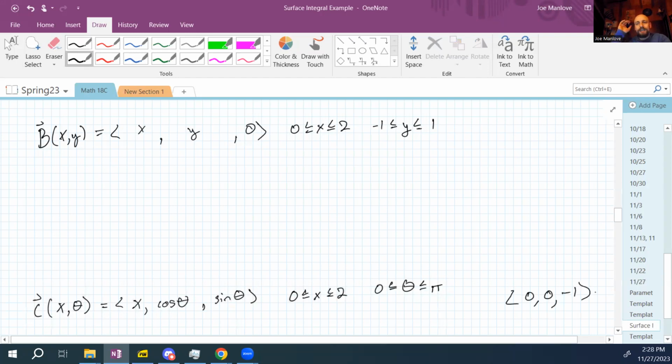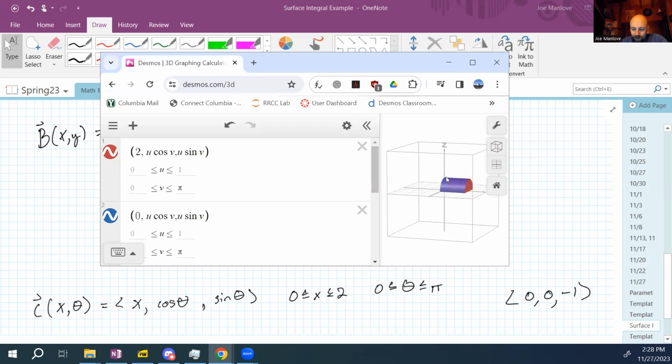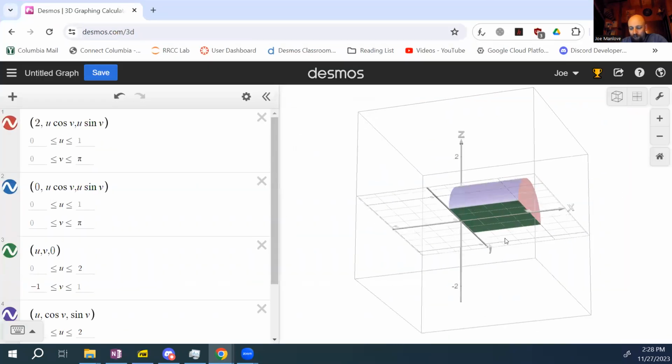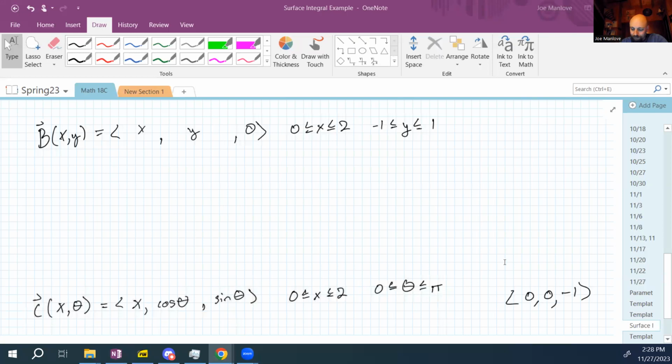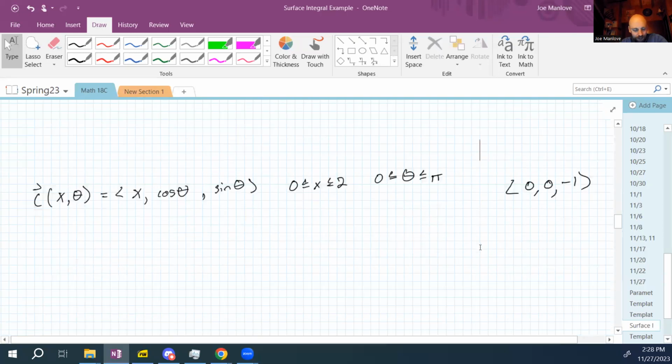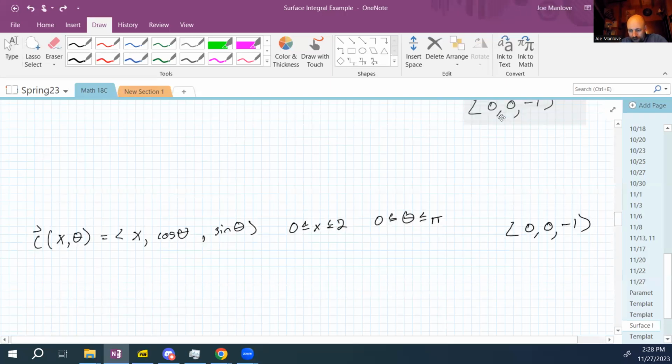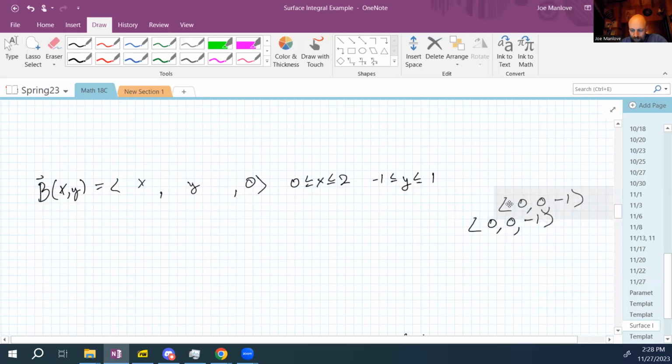The reason it needs to stick down, if we look at our little picture, our little Quonset hut here, in order to be outwardly oriented, we need to stick down the z-axis from the bottom. So that's why I got a minus K there.